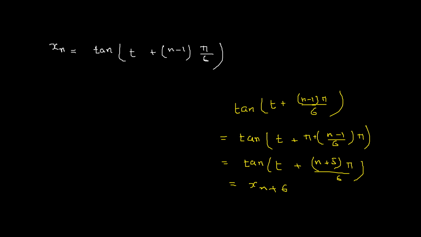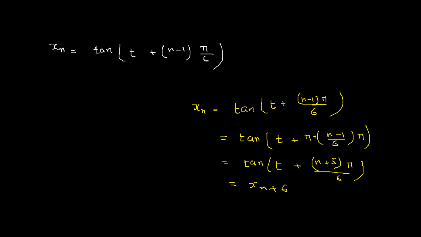So this was xn, and by using the periodicity of the tangent function, that its period is pi, by adding pi to the argument of t, because that is a function of t, it will give the same value. So by simplifying, we have seen this is actually x of n plus 6.